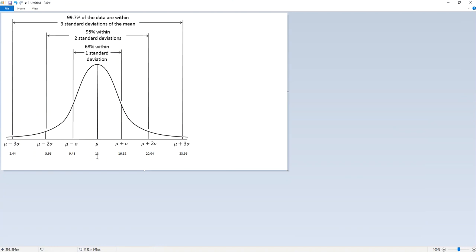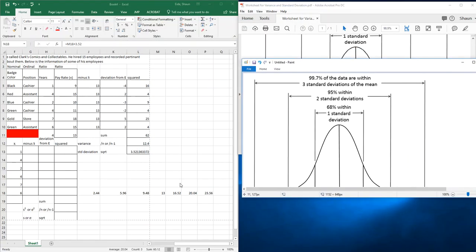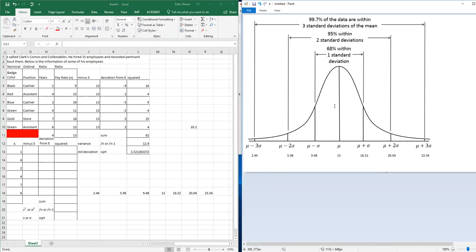So based on this information, 68% of the individuals that work at the comic book store should fall within the 9.48 to 16.52. Okay, so there's a total of 15 employees. So 15 times 0.68 is 10.2, or about 10 employees would work within this area.